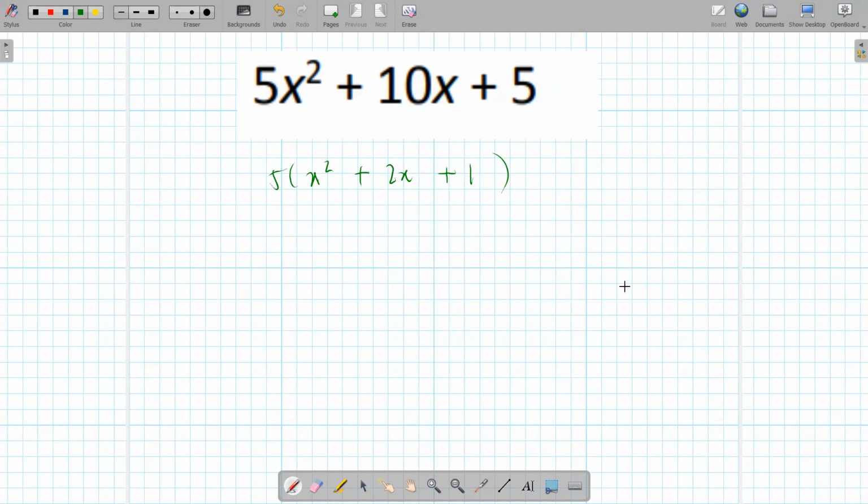So you want to check, right? What do they multiply to? They're looking for 2 numbers. They're going to multiply to, again, this one doesn't have a number in front of it. They multiply to 1 and add to 2.